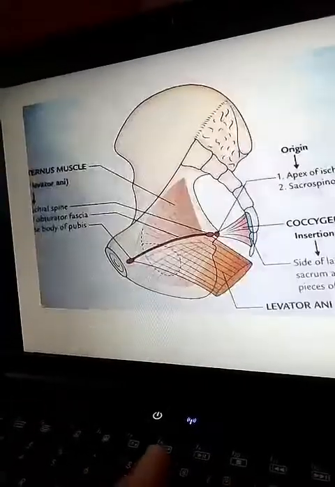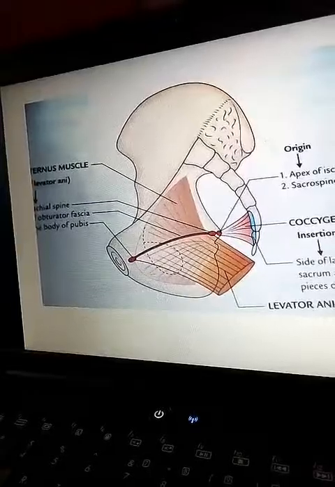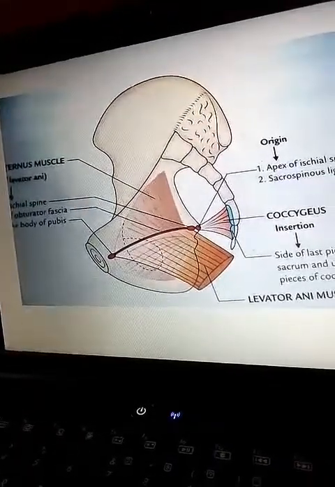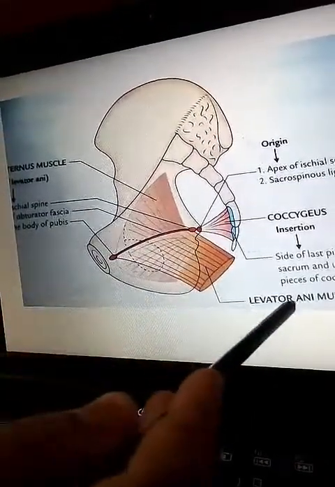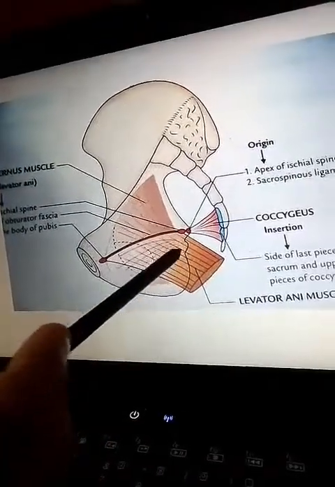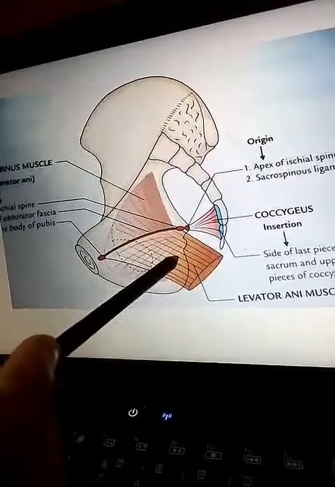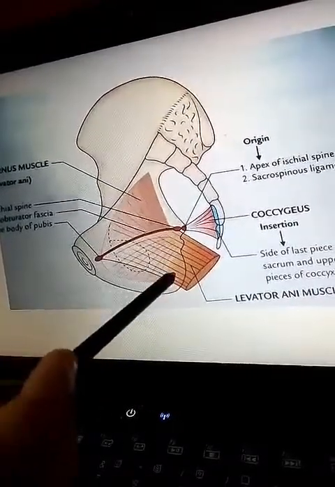Now another important muscle in relation to the pelvis is the levator ani muscle. The two levator ani muscles are wide curved thin sheets of muscle.